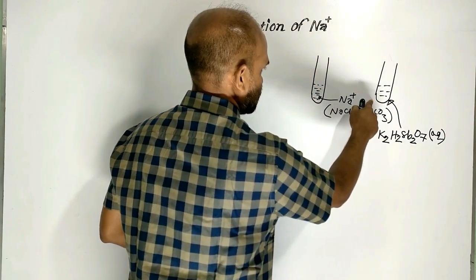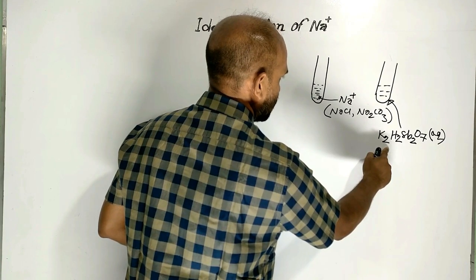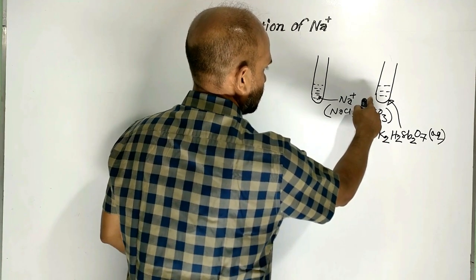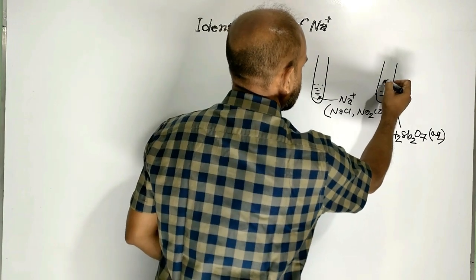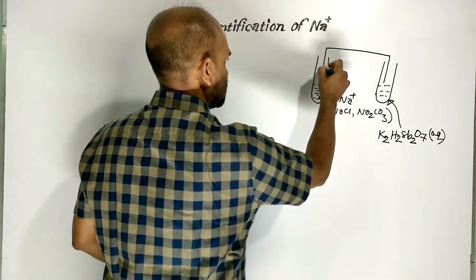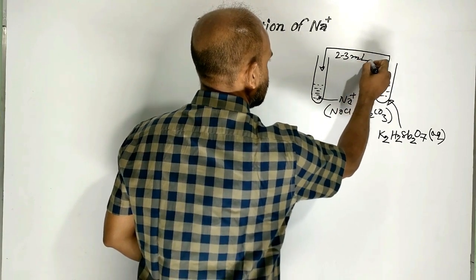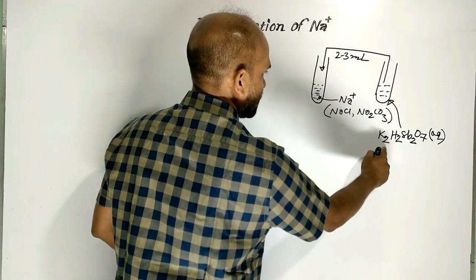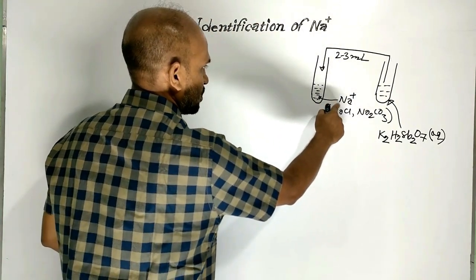This is another test tube in which solution of potassium pyroantimonate is present. Now, 2-3 milliliter of potassium pyroantimonate solution is added to the solution of sodium salt.